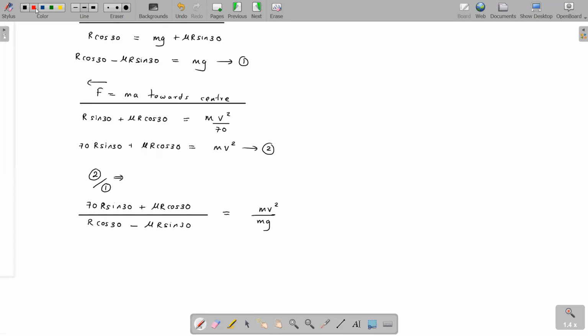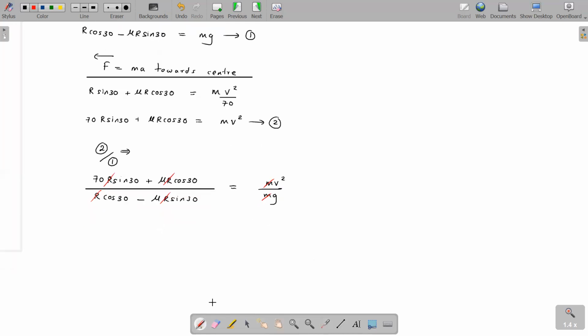R is common, up and down, so you can factorize the R out and cut it. Not just cutting individually R to R here, that's not what's happening. You factorize R out of the numerator and the denominator, and R cancels out. M cancels out too. So we can get the answer easily.